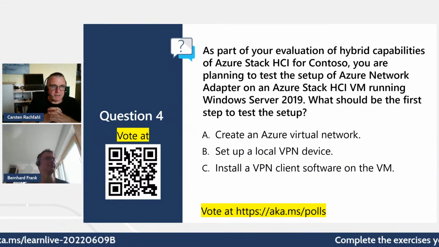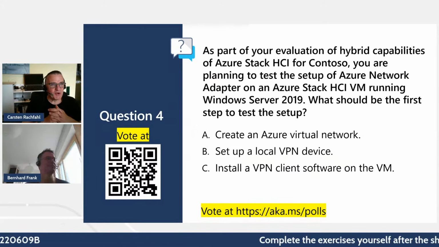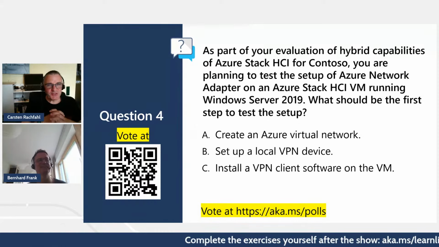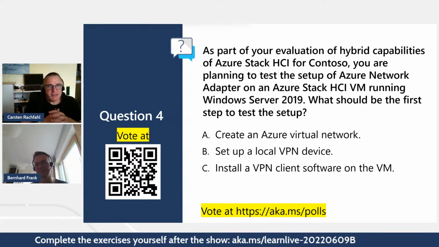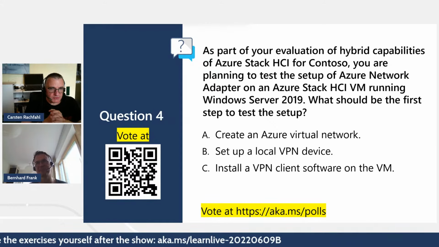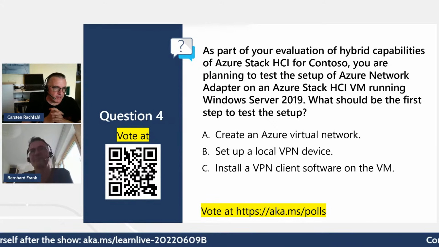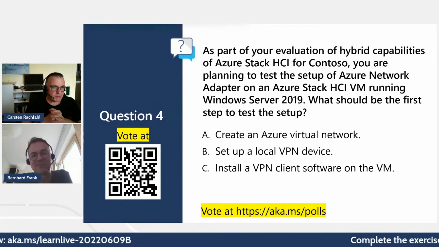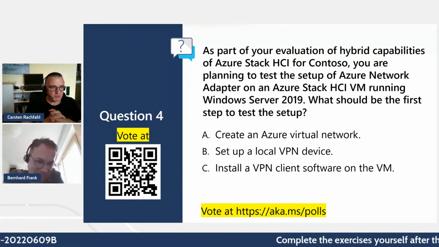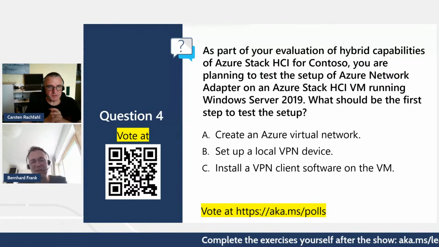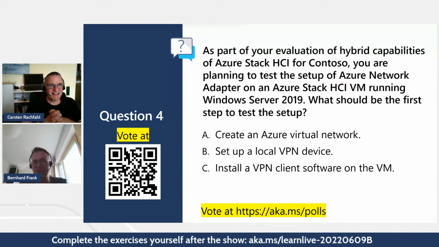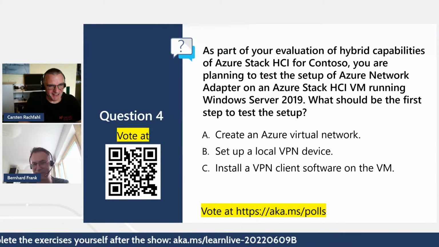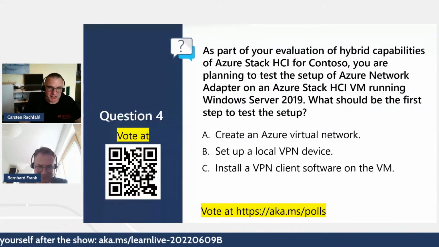I think we can deduct the wrong answers here. So if you think about it, is it creating an Azure virtual network? Should we set up a VPN device, Bernard? Should we do some documentation reading and set up a VPN device? Well, what's the use then of this wizard for the network adapter, right?